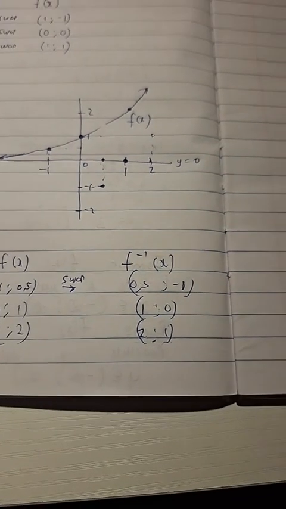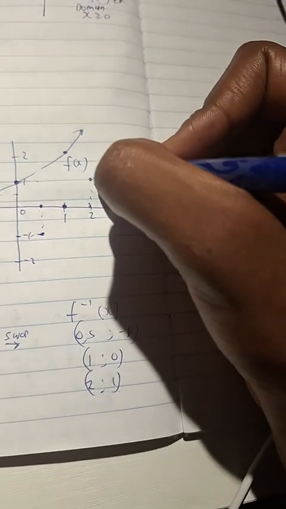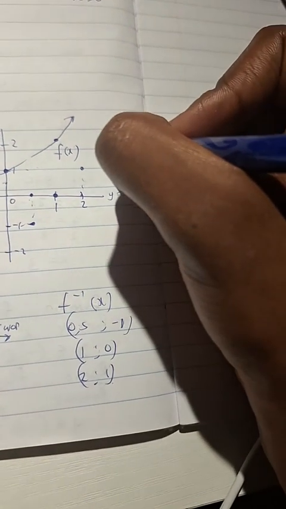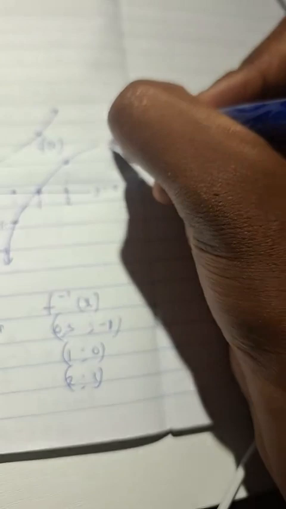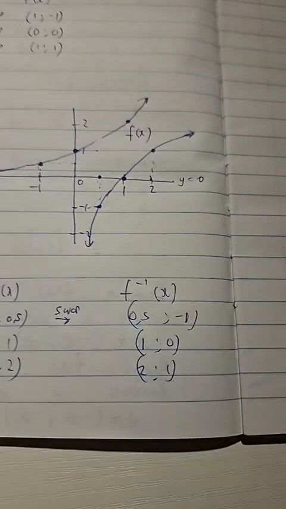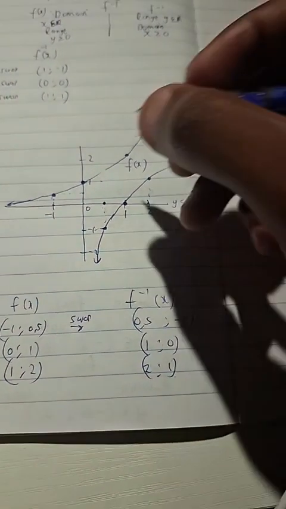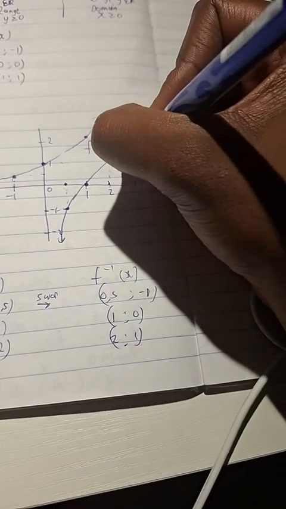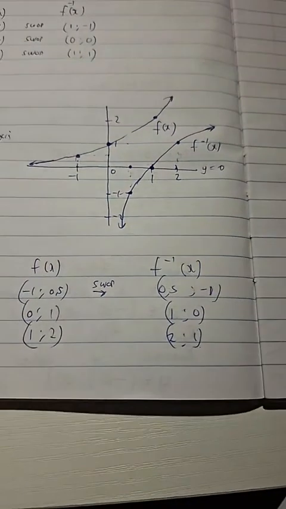Okay? And what you should then notice is that with your sketch, guys, this is the situation. And all I did was sketch the inverse using my points of the original. Didn't have to use the table.